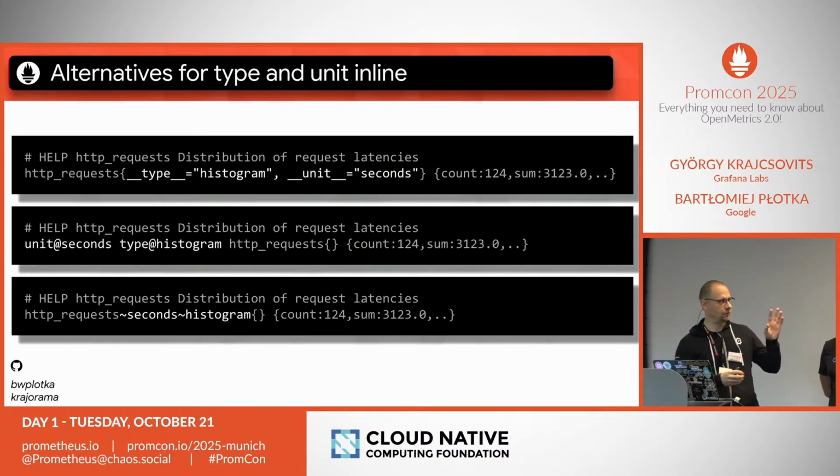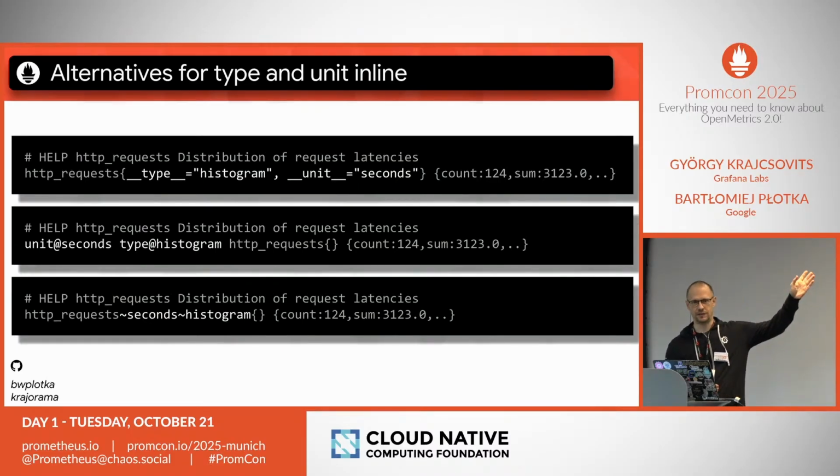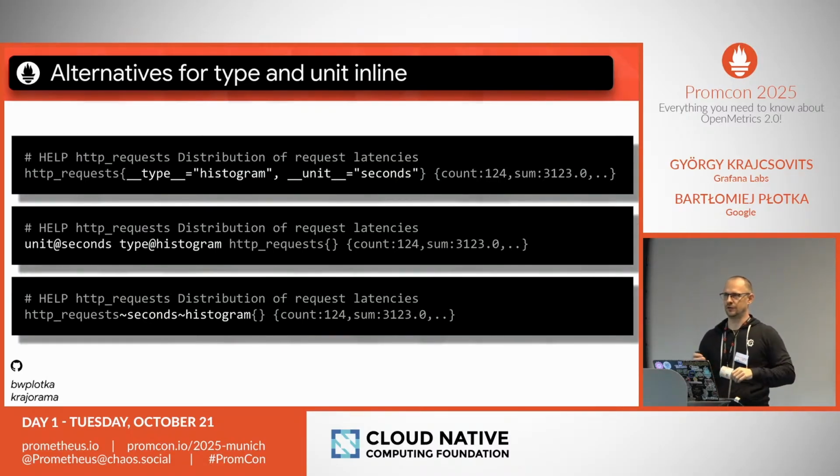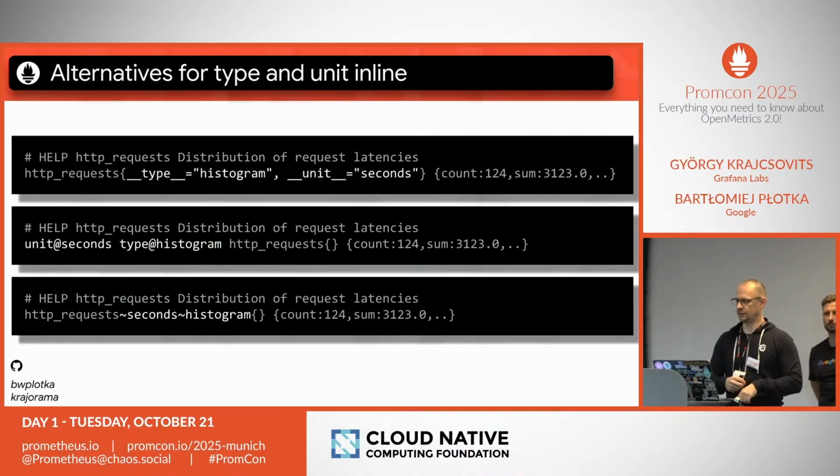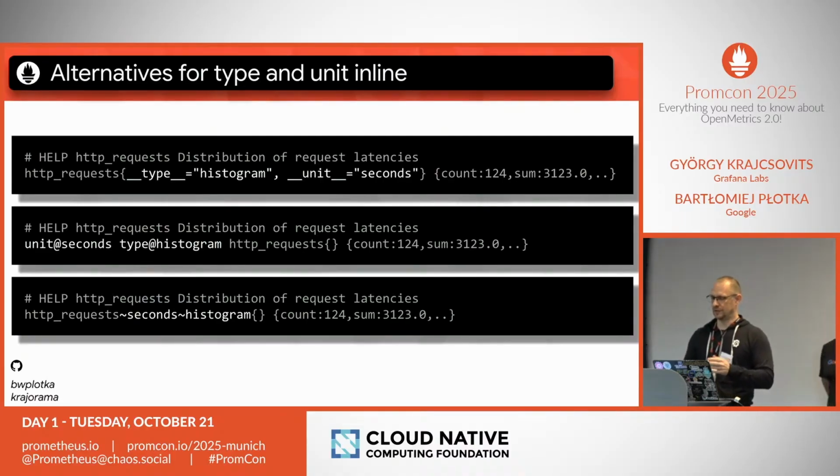All the solutions that you see here, either adding it as special labels or some kind of tags, or in some format right next to the metric name, solve this by giving you back the type and unit on every line, essentially making it stateless again. It means that float samples retain their counter and gauge flavor in federation, which they lost before.